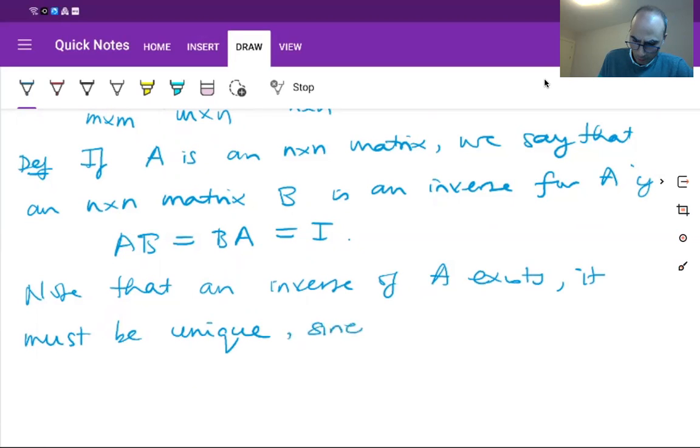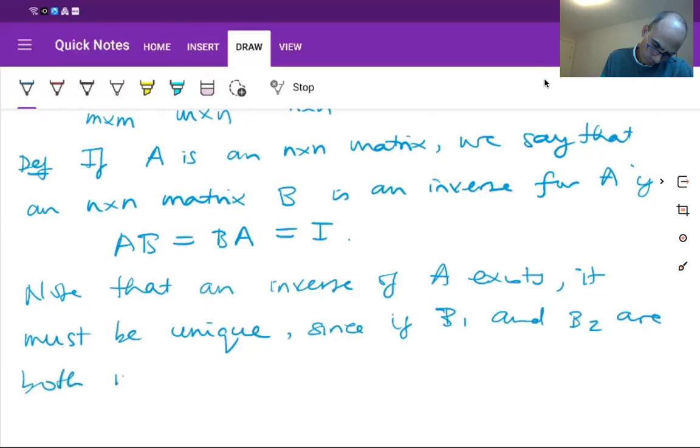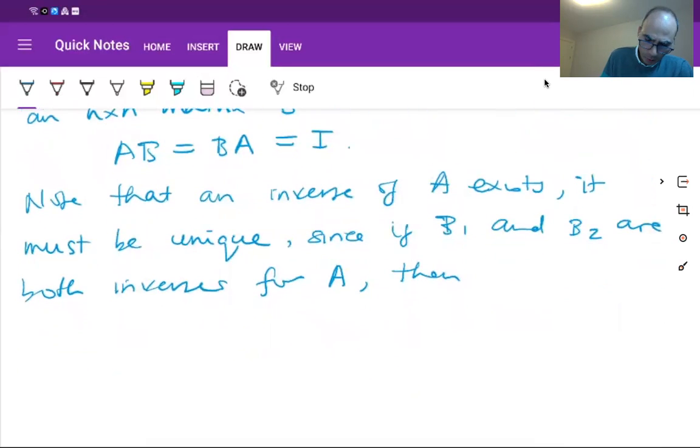Suppose B1 and B2 are both inverses of A. Then we have the following. B1 is equal to B1 times the identity matrix on the right-hand side, and this is equal to B1 times A times B2, since A times B2 is the identity because B2 is an inverse of A.